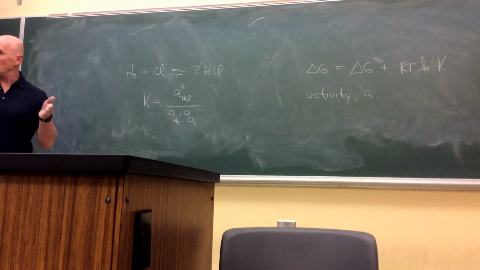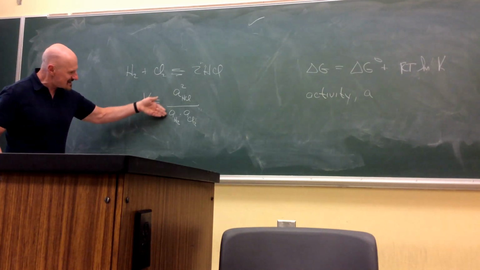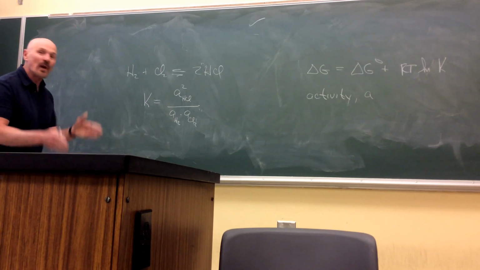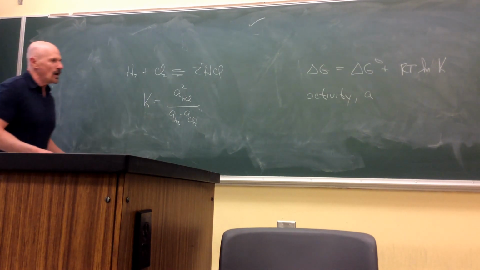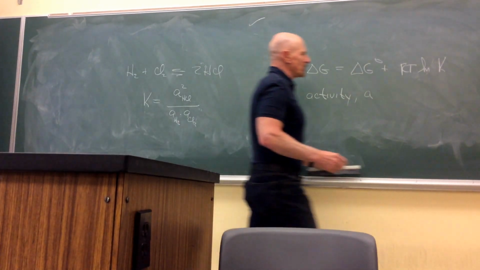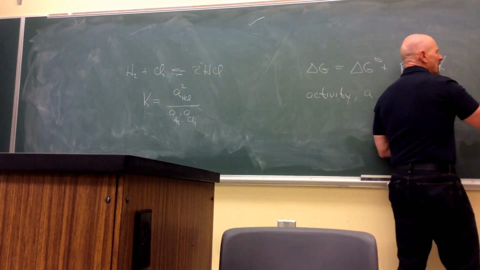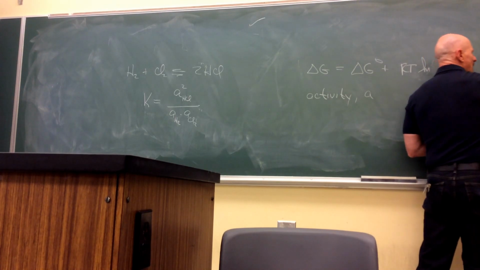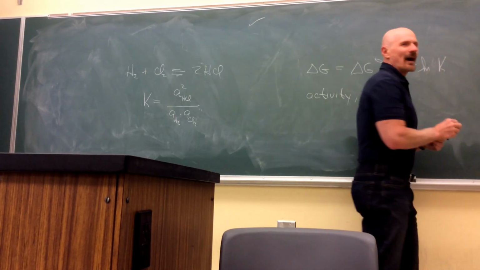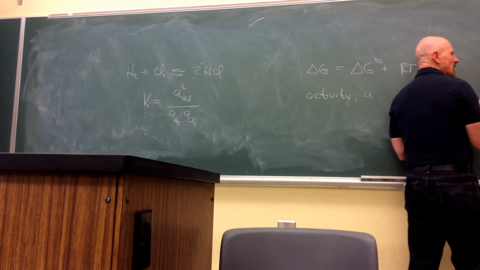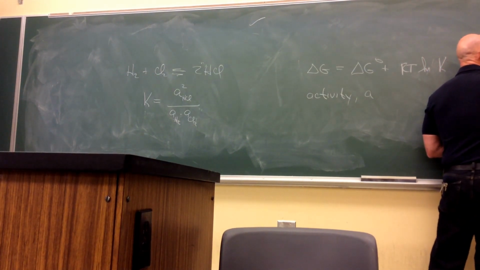Well, one problem comes about: how is this related to measured pressures? So we have to tie the two together. We do that by saying the activity of any component is multiplied by a coefficient, called the activity coefficient, times the pressure.